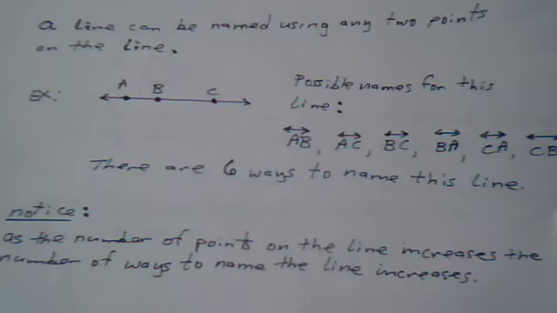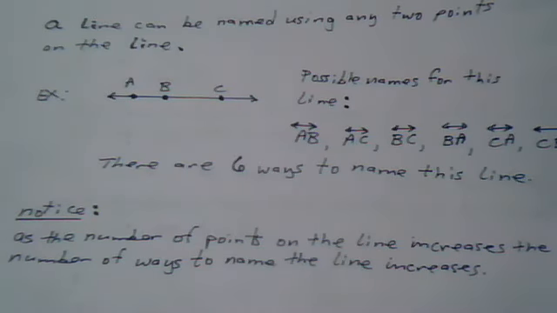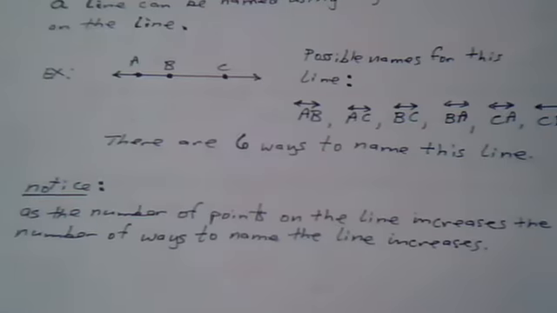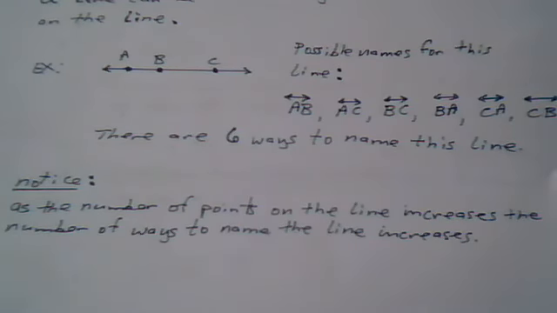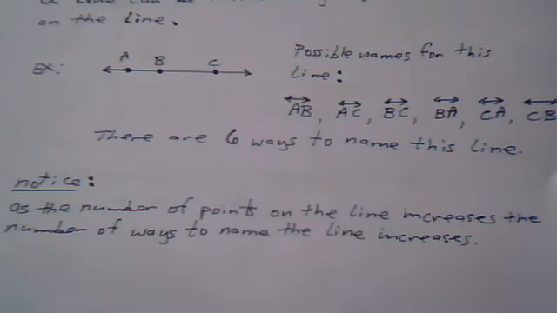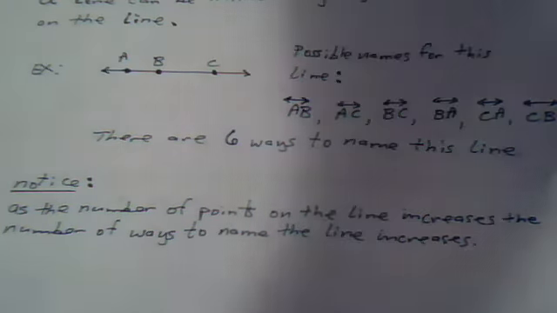All of those are naming the same line. So there are 6 ways to name this line. Notice, as the number of points on the line increases, the number of ways to name the line increases. Again, that's the reason for needing a formula to speed things up.